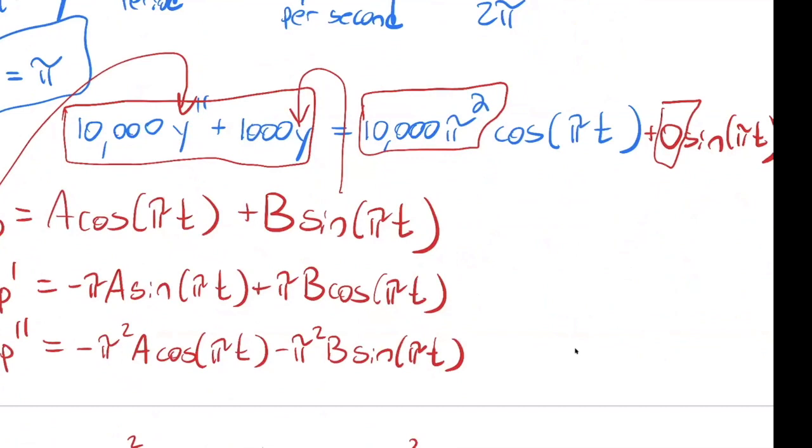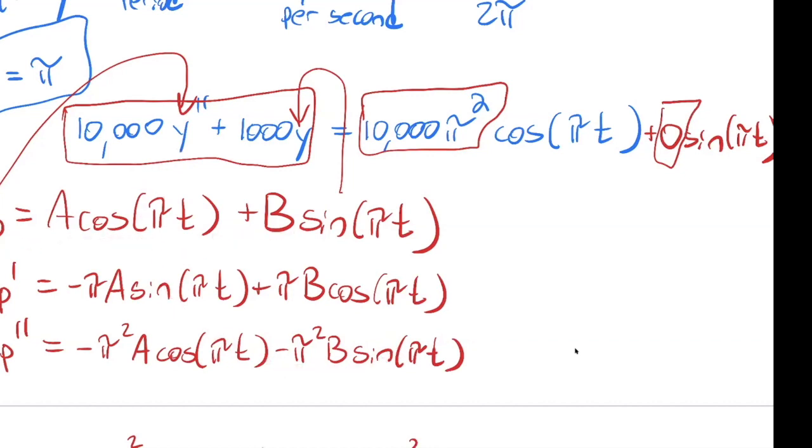So now we take the derivative. Each time we take a derivative, a pi should come out front. We don't really need the first derivative beyond just getting the second derivative. So the second derivative should be minus pi squared a cosine pi t minus pi squared b sine of pi t. So now I take this and I plug it in over here.